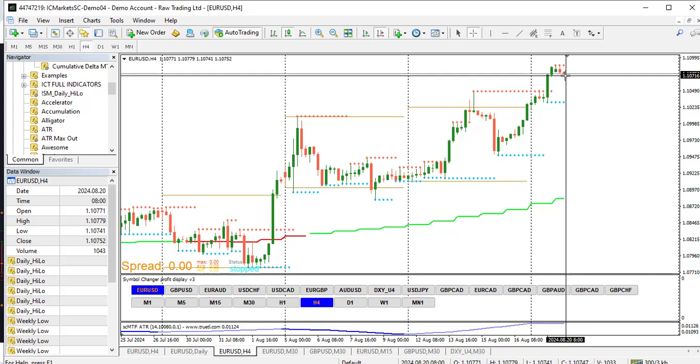I mentioned last week that participants were going to be keeping an eye on these claims, and we could see the move that happened after that particular release. So people will continue to watch what is going on with the jobless claims. There's also existing home sales from the US on that same Thursday.